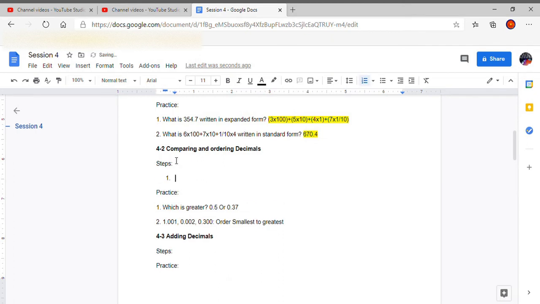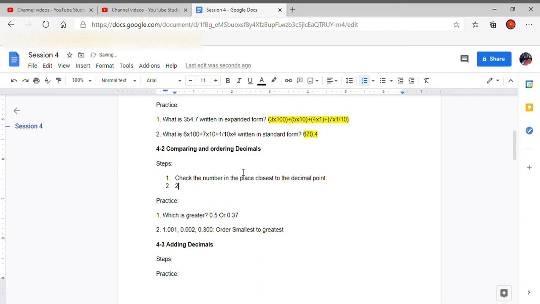So the steps: check the number in the place closest to the decimal point. You can do the practice problems using this, and then whichever is larger or smaller in that place is the greater or smaller number.